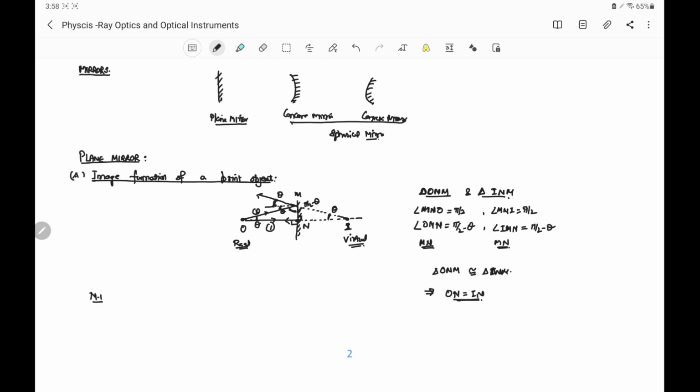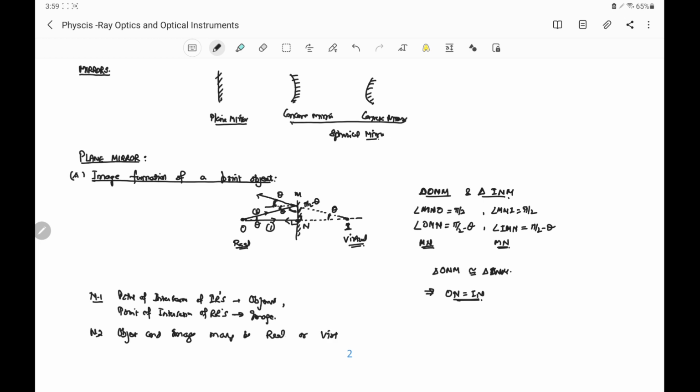Here are some notes. The point of intersection of incident rays forms the object, and the point of intersection of reflected rays gives the image. The second point is that object and image may be real or virtual.